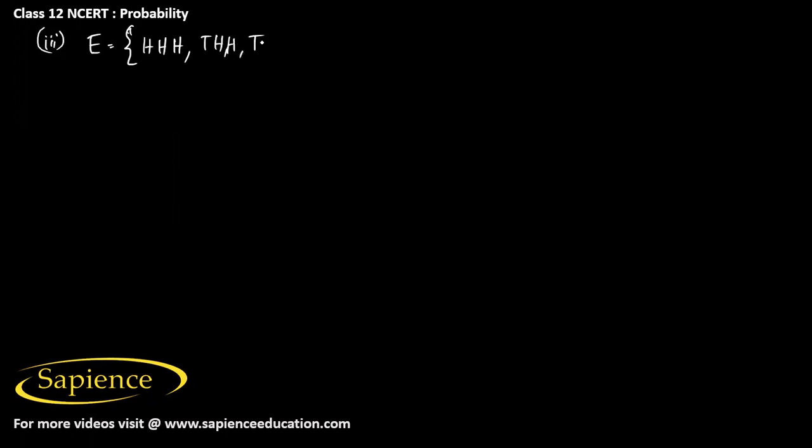Then head, tail, head, and head, head, tail. And 2 tails can be tail, tail, head, then head, tail, tail, and then tail, head, tail. So here also there are 7 outcomes. Therefore, the probability of the event E is 7 by 8.